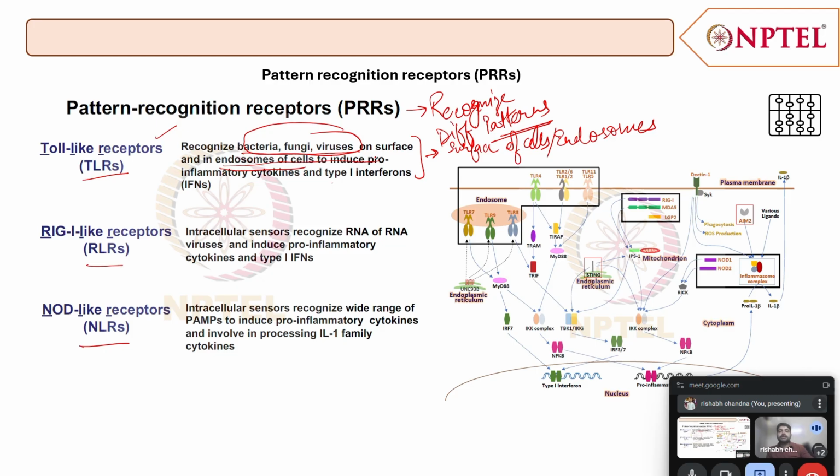These TLRs basically induce the production of pro-inflammatory cytokines and the type 1 interferons for the antiviral activity.